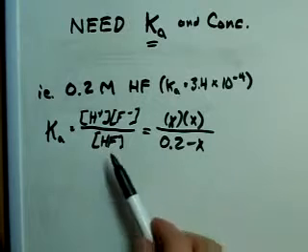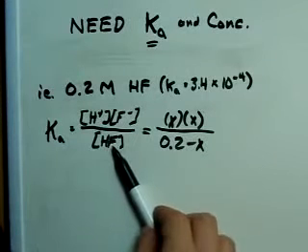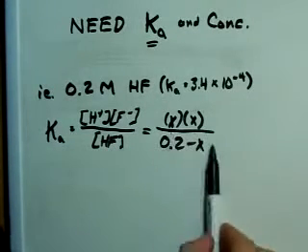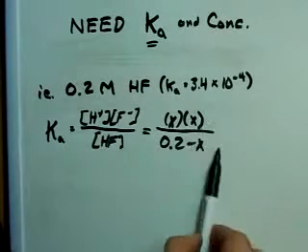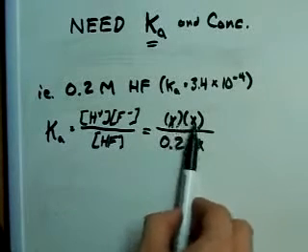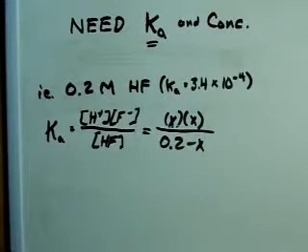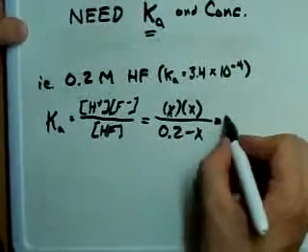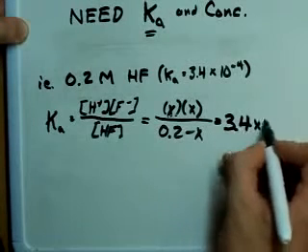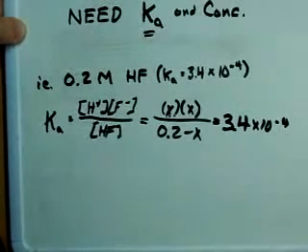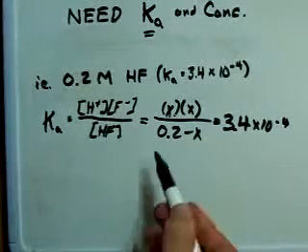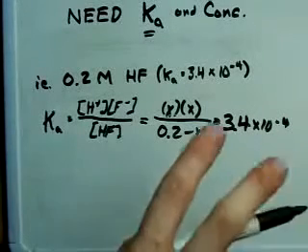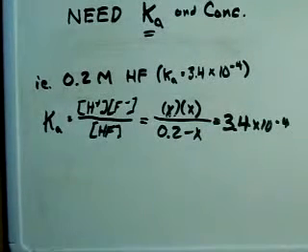Okay? We started with 0.2 of this. We now have less of it, and what we've lost of this, we've gained in H plus and F minus. So that is equal to the acid dissociation constant, and now all you need to do is solve for X.